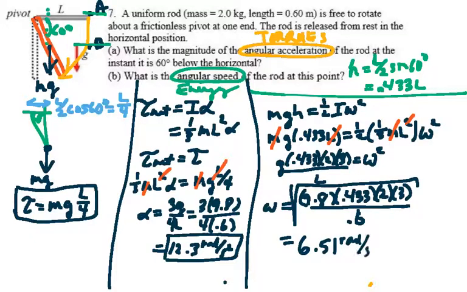So that is the angular velocity at the point when it's 60 degrees below the horizontal, 6.51 radians per second. This is part B. This was part A. And we had to do the last part by energy because the angular acceleration is not constant. So we had to use energy.